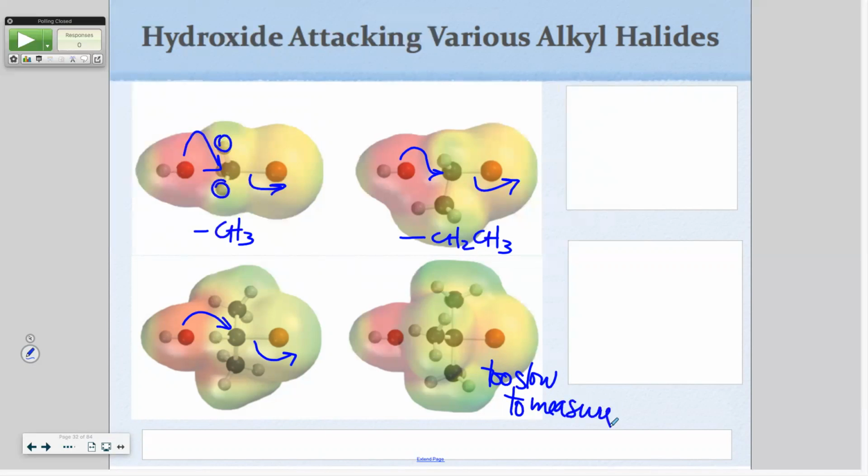Those big methyls are blocking the carbon where the reaction is going to occur. So the nucleophile can't get in there, or it can get in there, but it's more difficult. That's called steric hindrance.